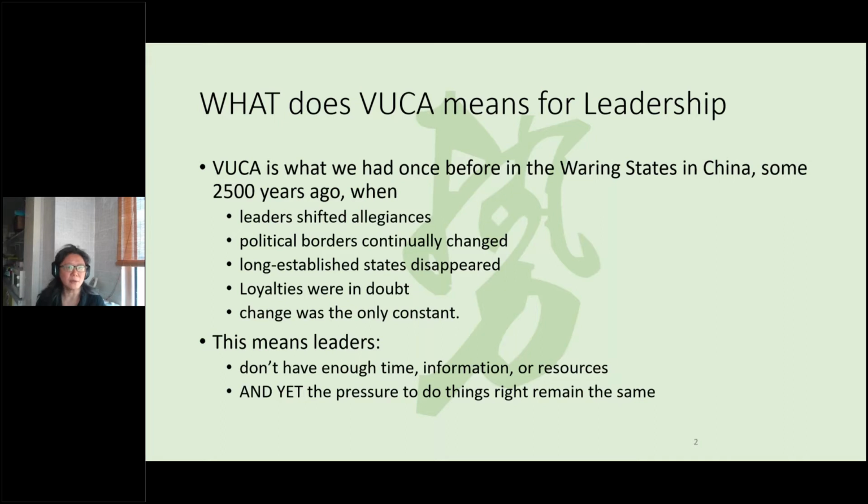it's actually not the first time that we encounter similar situations in human history. Actually, some 2,500 years ago, we had a very VUCA time in ancient China. That period of time in Chinese history is called the Warring States.